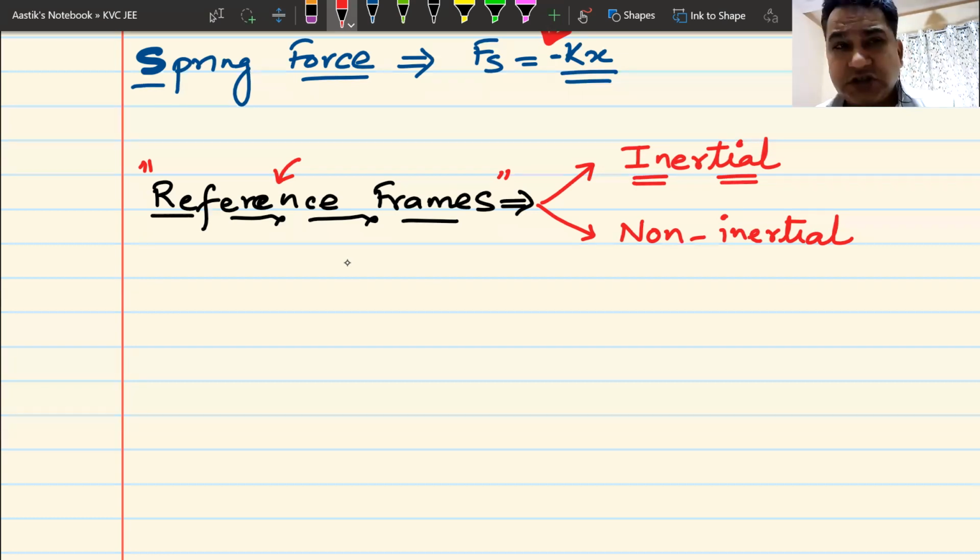Now, whatever motion we have studied till now was mostly with respect to Earth. Do we remember this? Can I have some raised hands that we remember this?